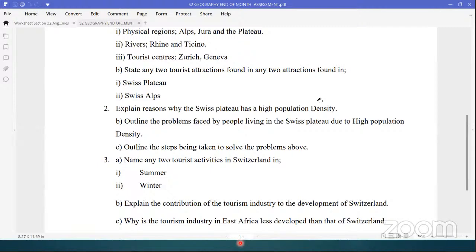What do you think are the problems that are faced by people who live in the Swiss Plateau because of high population? So let me ask, what are these problems that arise?